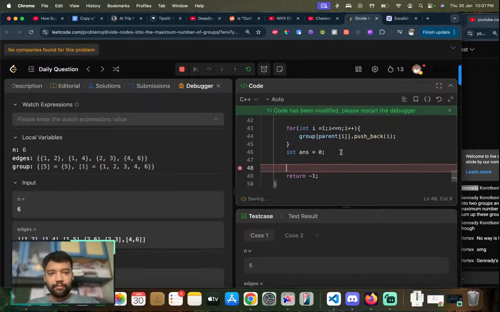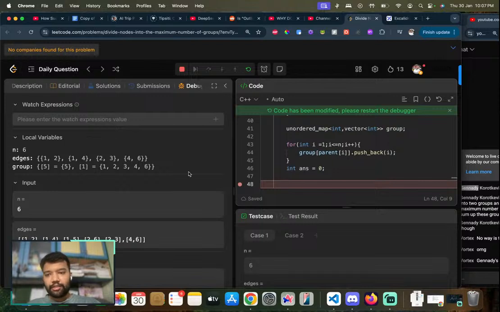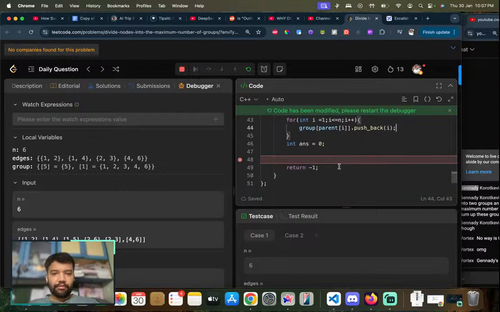But I think we can also do that logic here only, where we have to make an adjacency list. Is there a way where we can just get this answer while doing this DSU? I don't think so. So we have this now.